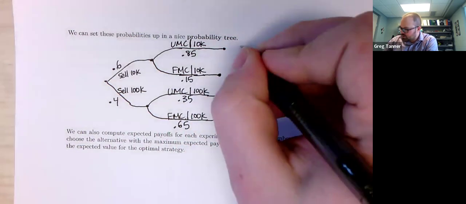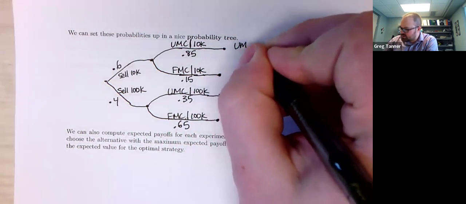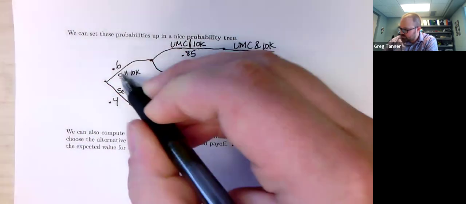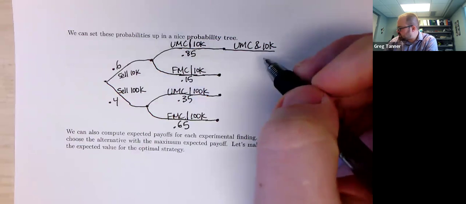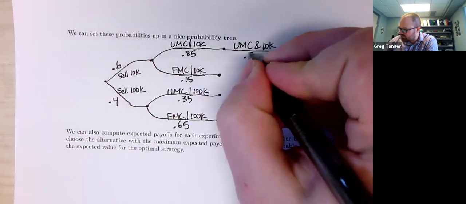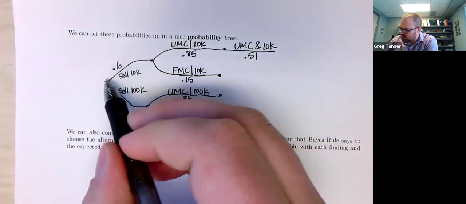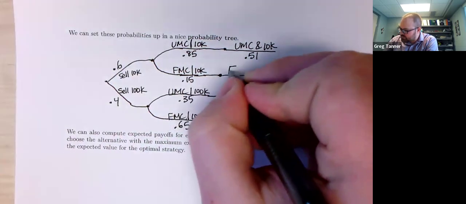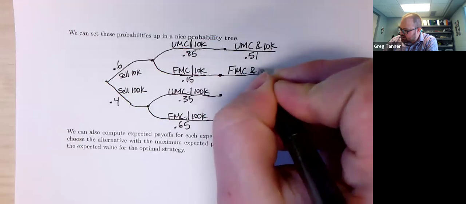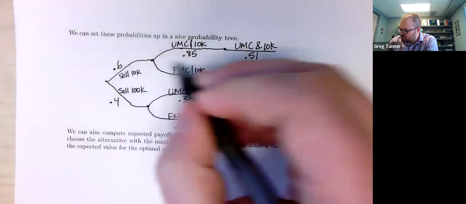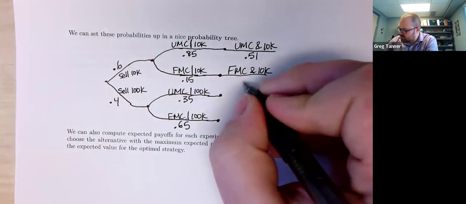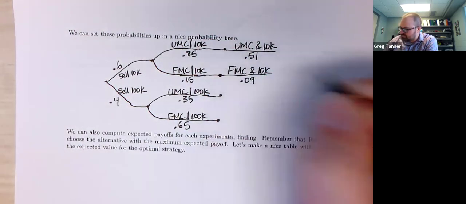And so we'll do UMC and 10K, and we'll multiply this times this, and UMC and 10K gives us 0.51. And then we multiply along here for FMC and 10K, and 0.6 times 0.15 gives us 0.09.